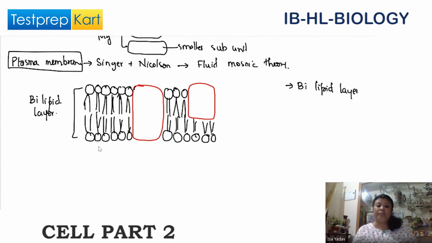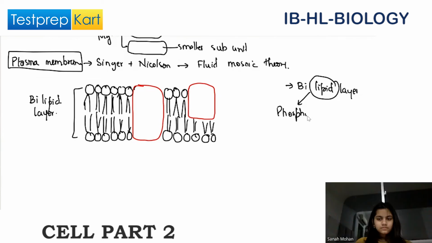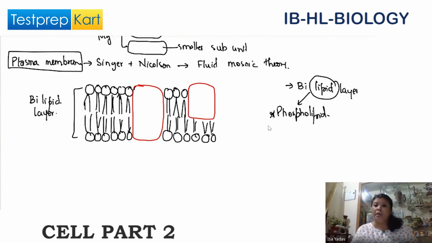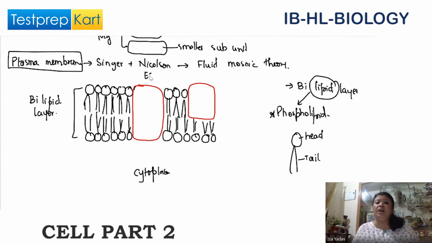The lipid present in the plasma membrane is phospholipid. Very important MCQ, multiple choice question. This phospholipid has a head and a tail. If this is the plasma membrane, this would be the cytoplasm, and this is the extracellular fluid.